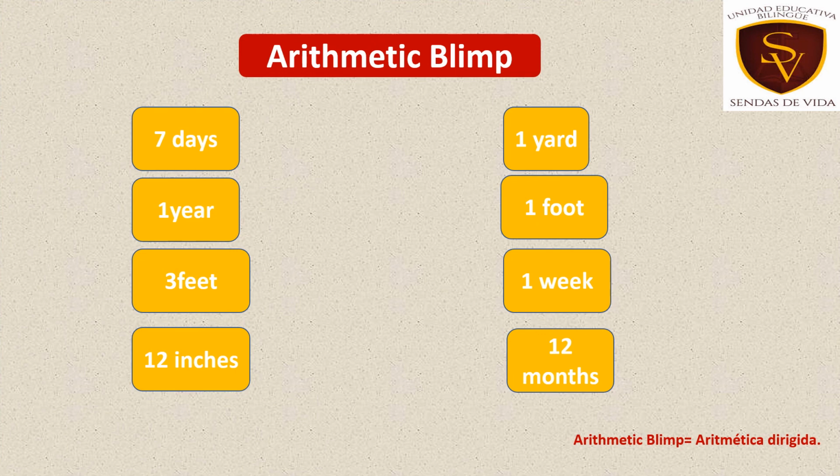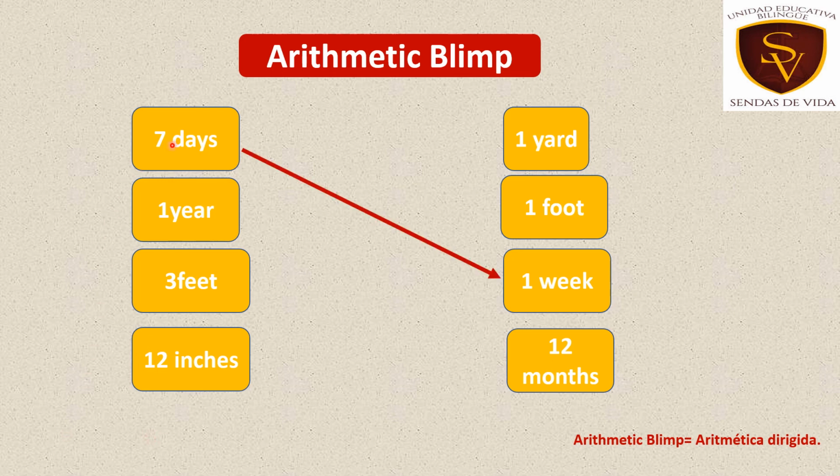Now, let's work on this arithmetic blimp. This is the meaning, right? Now we just have to match. For example, I have 7 days, and it matches with which one? 1 yard, 1 foot, 1 week, or 12 months. Do you have it? Yes, I'm sure that you have it.